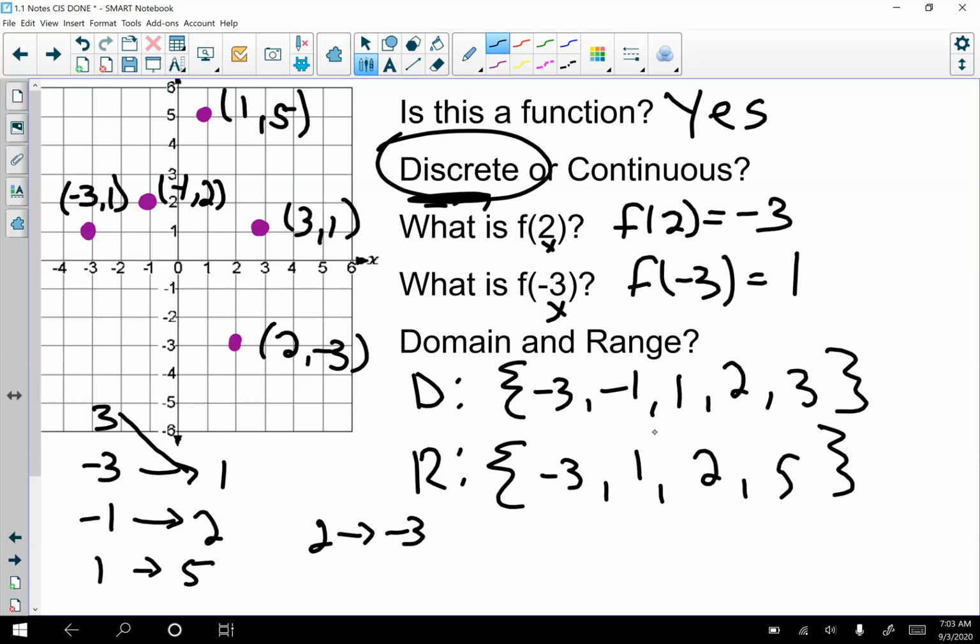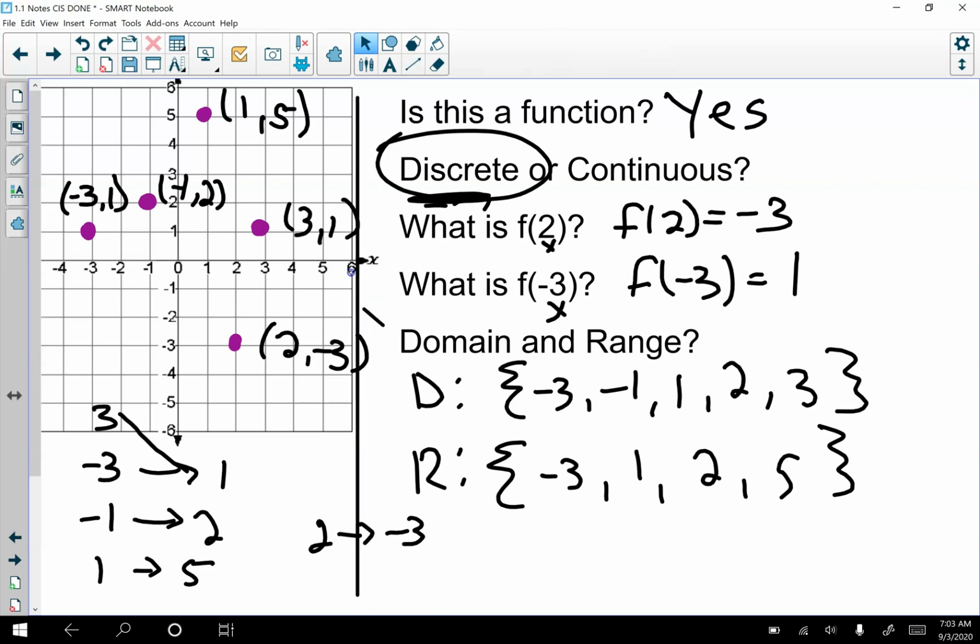Another way you can tell if this is a function is if you did the vertical line test. So if I made a vertical line here, oops, hang on a second. This one is what I wanted. And I took this line and I dragged it. It passes the vertical line test.